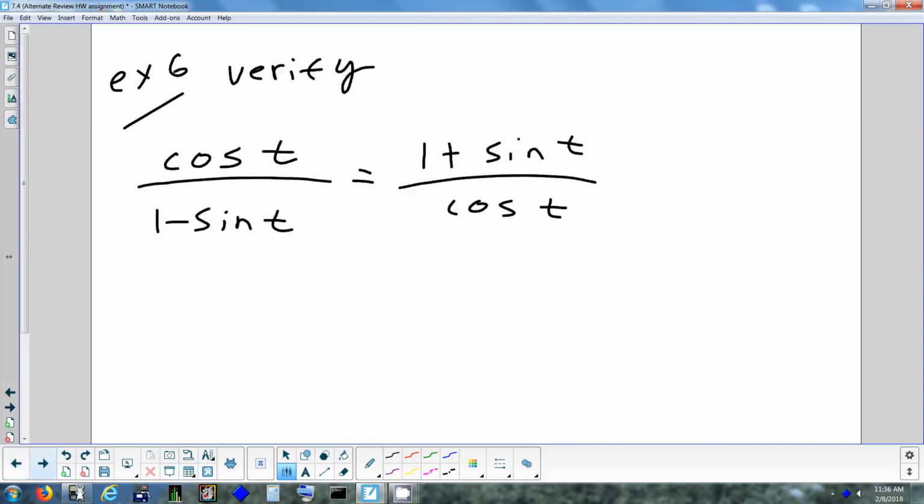Okay, so let's look at this one. So it's a verify. So we know one side is what you should start with, one side is what you should finish with. Which side looks more complicated here? Dan? How come? Because you're subtracting. Well, how about on the right side though? You're adding sine to 1.